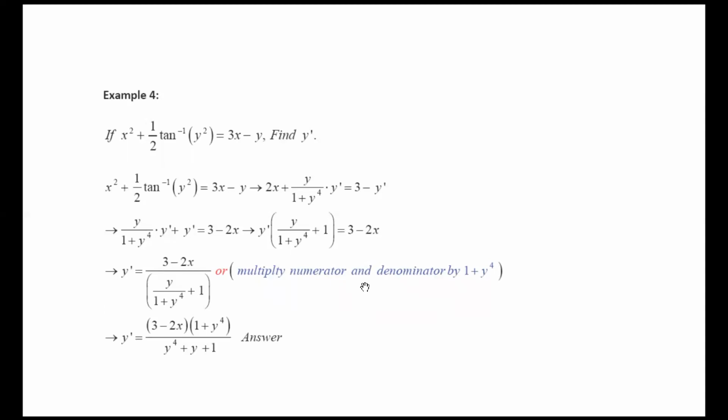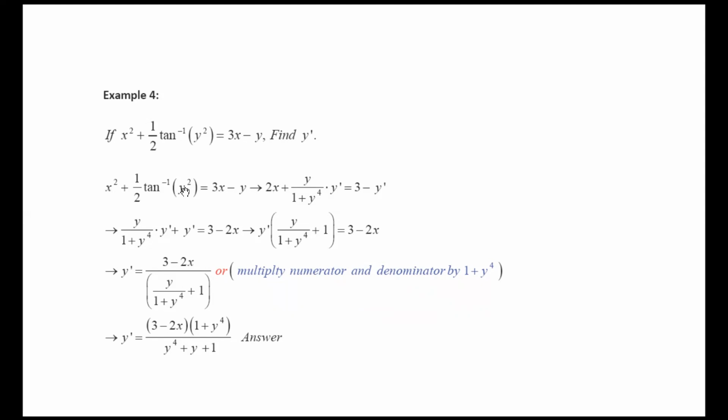Example 4 is going to review the implicit derivative. So we're given x squared plus 1/2 inverse tangent of y squared equals 3x minus y. Find y prime. We restate the problem here, and then the derivative of x squared is 2x.